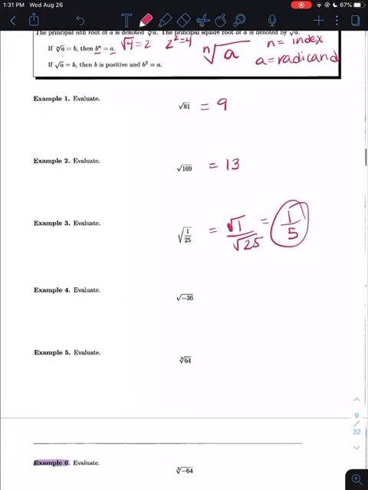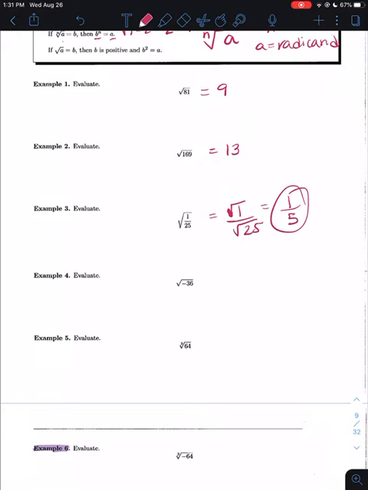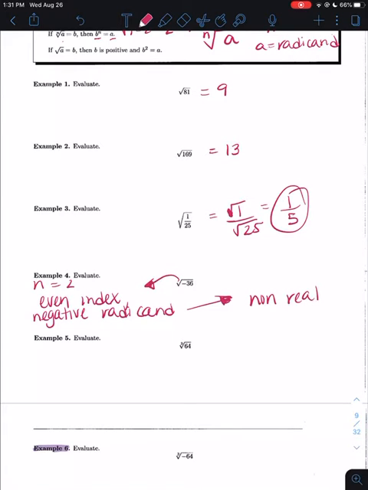So whenever you have a positive index, in this case let's talk about this index, n, which is our index equals 2. If you have an even index and a negative radicand, you're going to have a non-real answer.